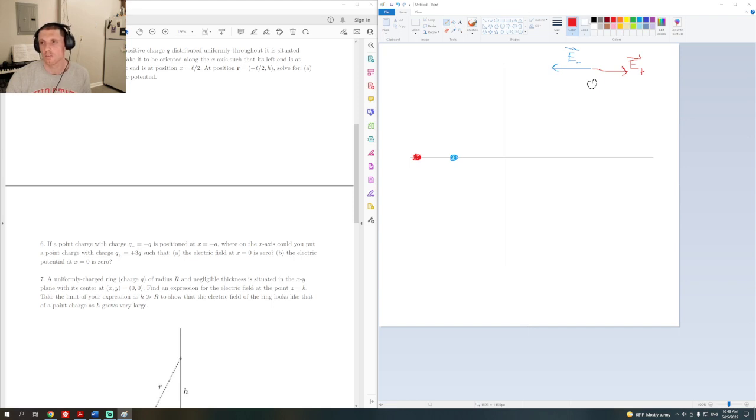So let's just put some stuff down. We're going to say we know that this is at x equals negative a. And let's just say that this is x equals negative b, something like that.